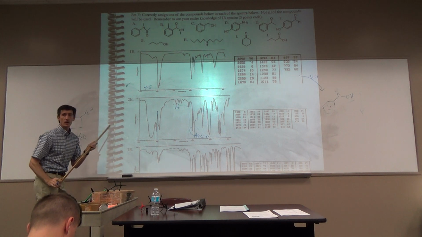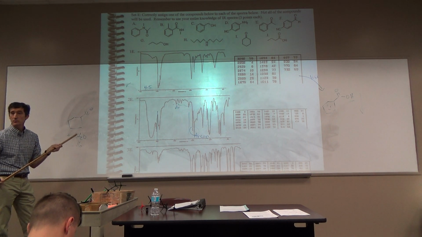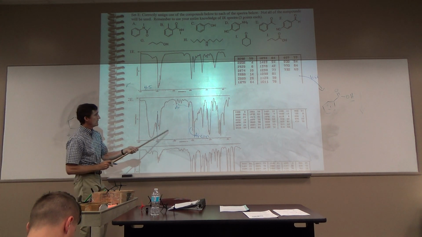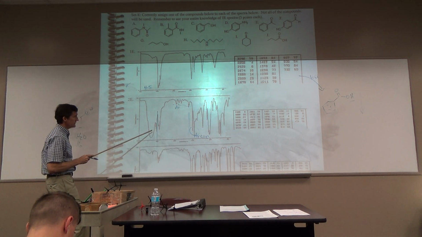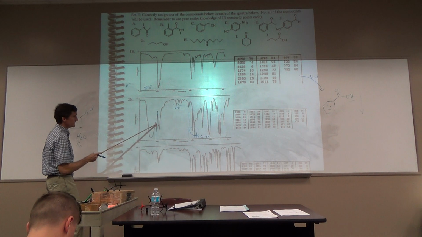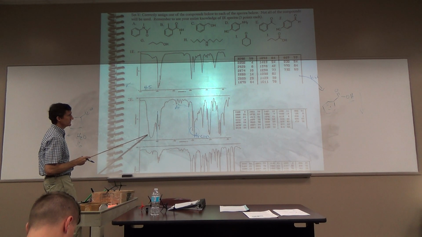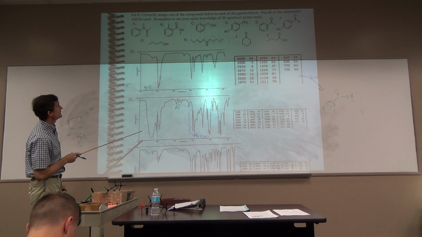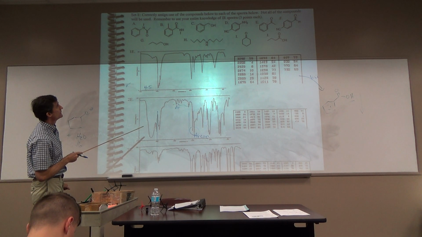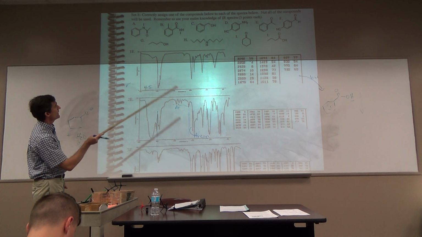Does this compound have a carbonyl? C double bond O would be about 1700 or so. No carbonyl. It looks like maybe an aromatic with sp2 CH and an OH. Do we have such a choice? Well, if it's aromatic, it's only the top.